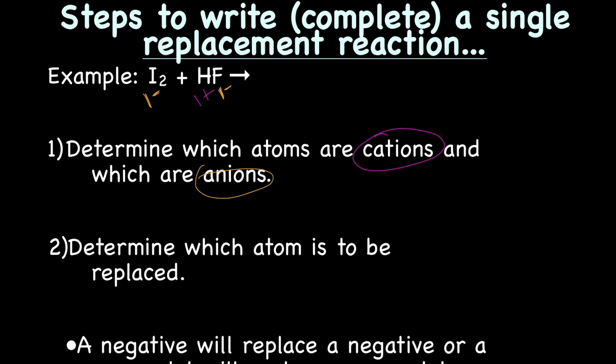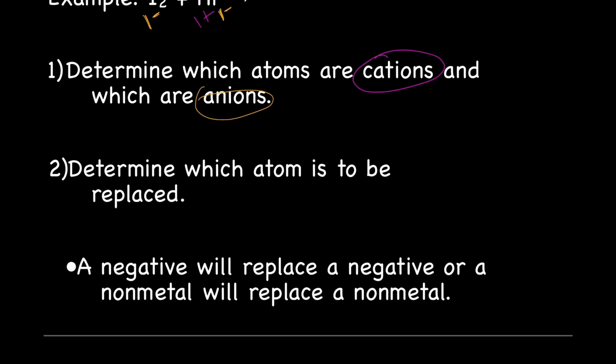All right, so step 2: determine which atom is going to be replaced. These two here are your single atom, and a nonmetal is going to replace a negative or nonmetal in your ionic compound.